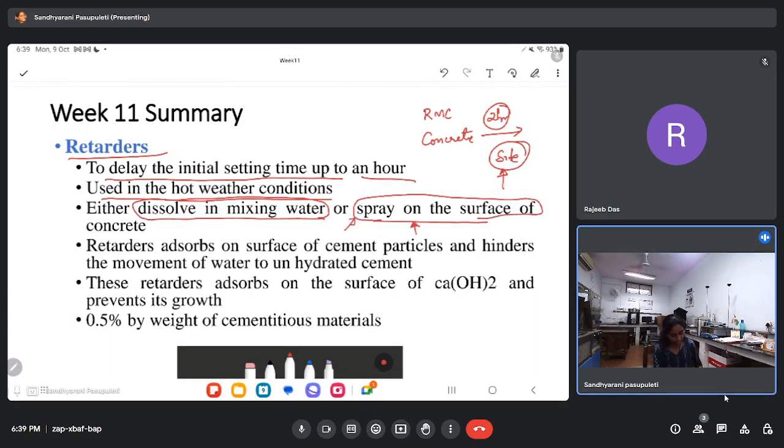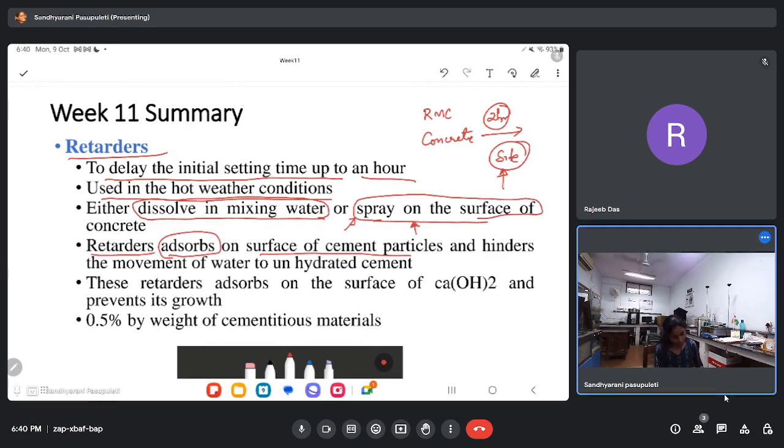How do these retarders actually work? Initially, when I add the retarders, they adsorb on the surface of the cement. In all of these admixtures and pozzolana, the mechanism is that they initially sit around the surface of the cement particles, thereby forming repulsive forces between the cement particles and retarding the setting time, or the reaction of the cement with water, the hydration.